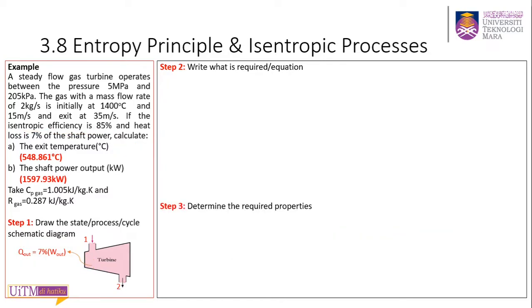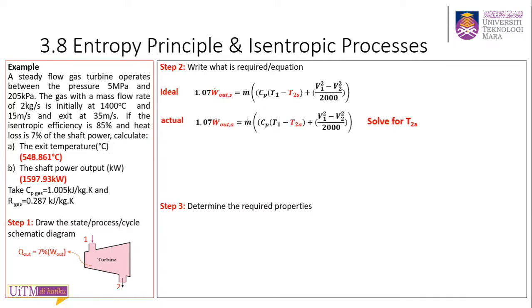Now, for ideal conditions, the subscript s is written at W out and T2. For actual conditions, the subscript a is written at W out and T2. And this equation for actual work output can be used to solve for the exit temperature at state 2.